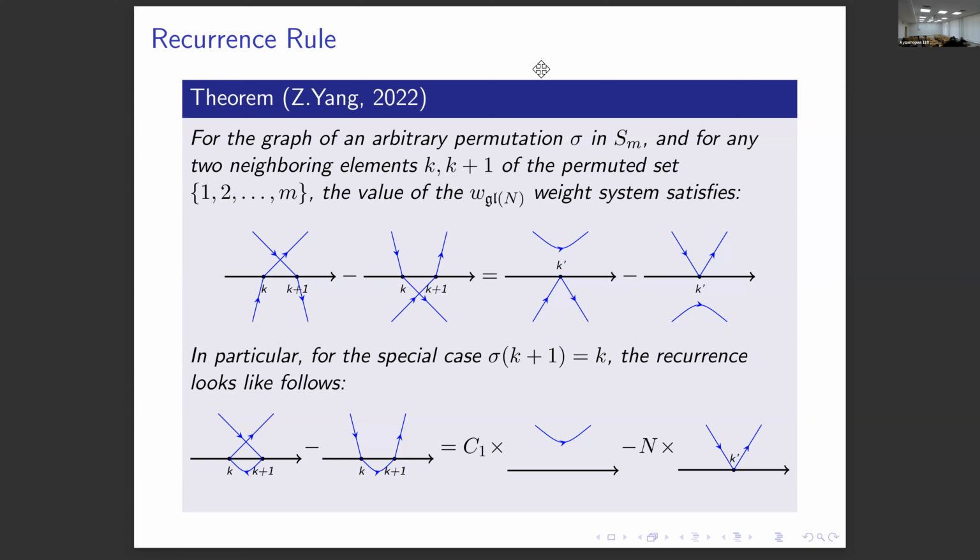I would mention that for the third diagram, if you connect sigma of k plus 1 with k, you just get a loop, and this loop represents C1. And for the fourth diagram, there is a circle, and a circle means a factor of n.